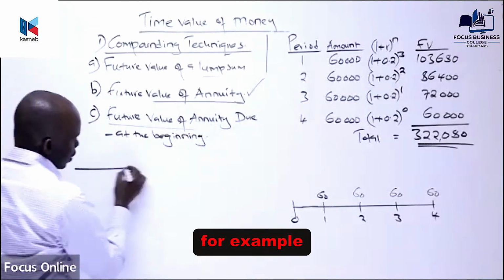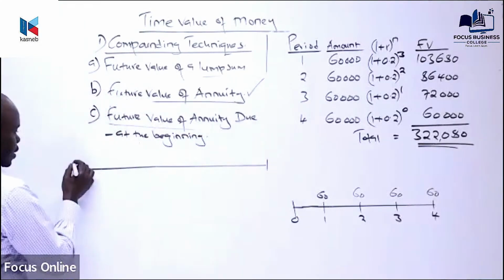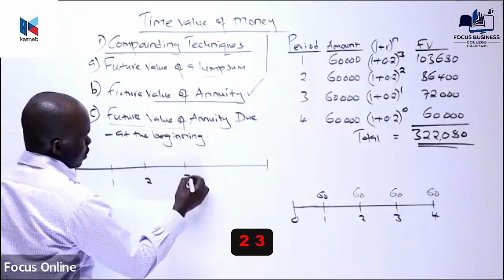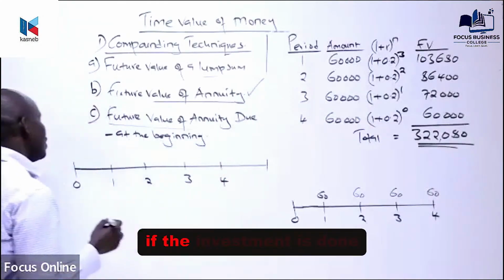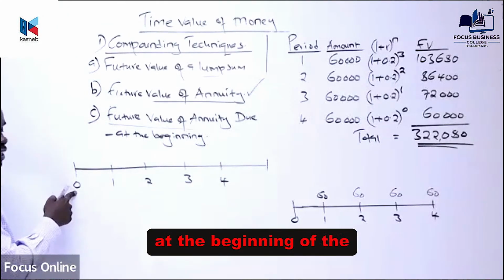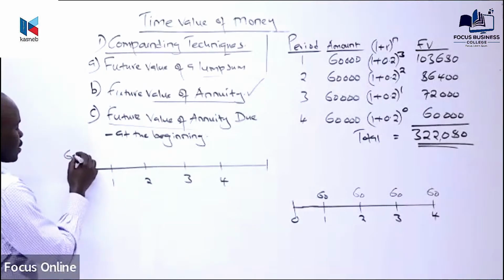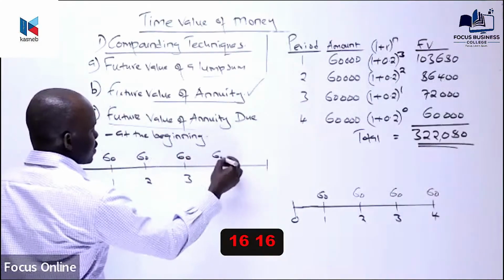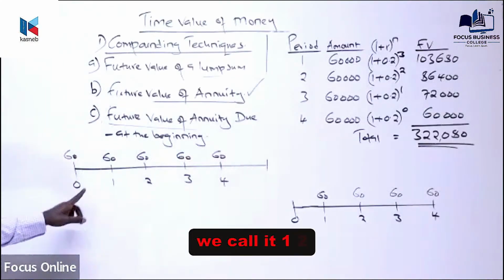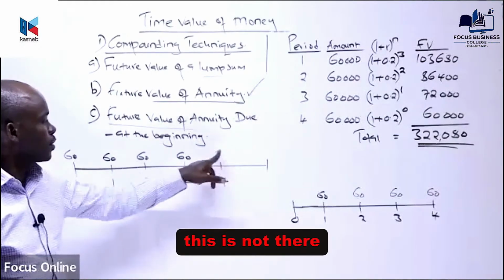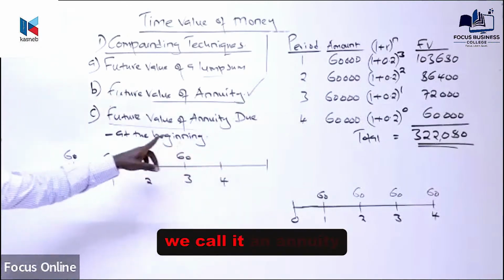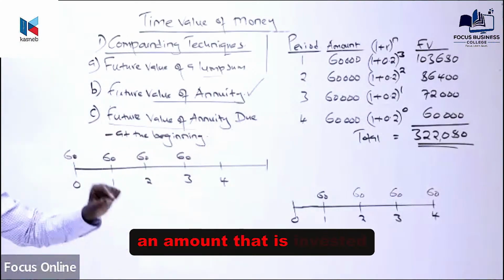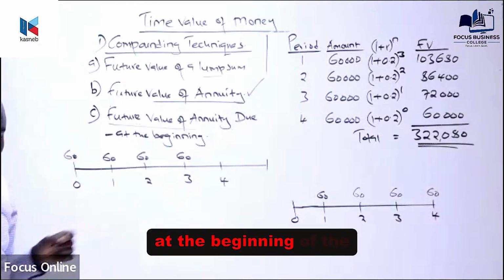For example, if our 60 here, 0, 1, 2, 3, 4, if the investment is done at the beginning of the year, for example, here 60, 60, 60, 60, we call it 1, 2, 3, 4. We call it an annuity due. So an annuity due is an amount that is invested or paid at the beginning of the period.